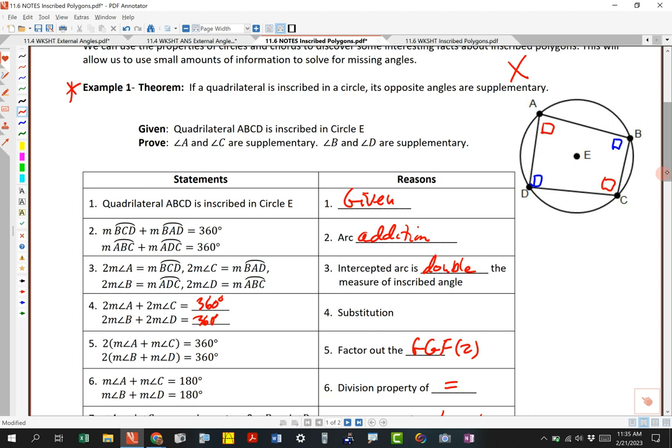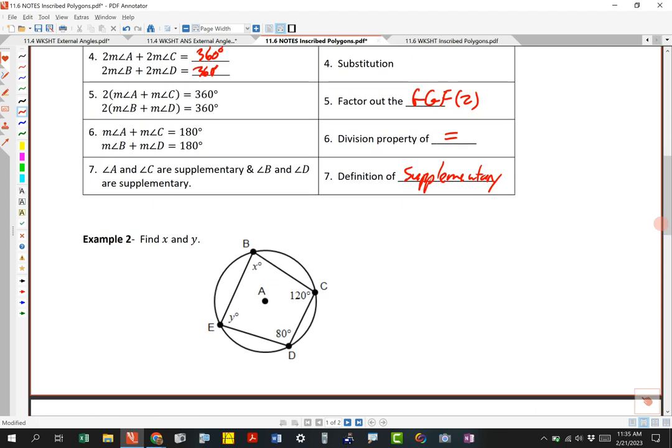So all we have to do is look at this and say, hey, what's going on here? Do we have a quadrilateral inscribed inside a circle? Yep. So if this is 80, the one straight across from it has to make up the difference between that and 180 because it's got to be supplementary.